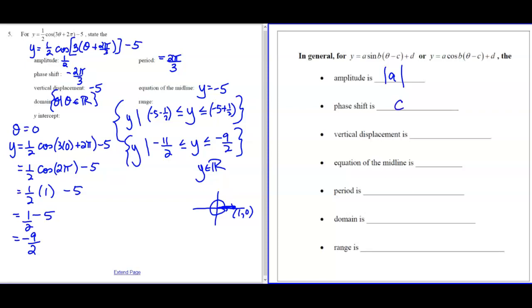Phase shift is c. If c is positive, it's to the right. If c is negative, it's to the left. Vertical displacement is d. Same deal. Positive is up, negative is down.